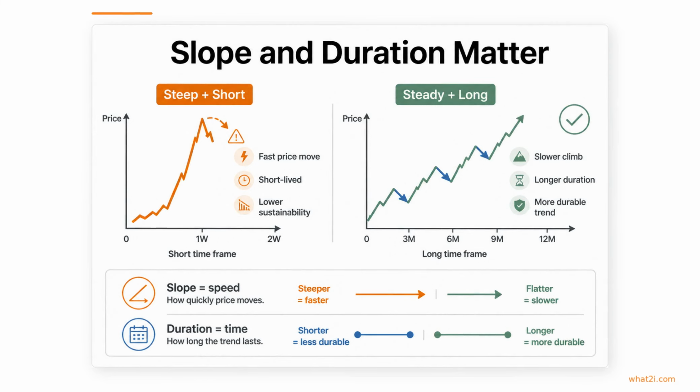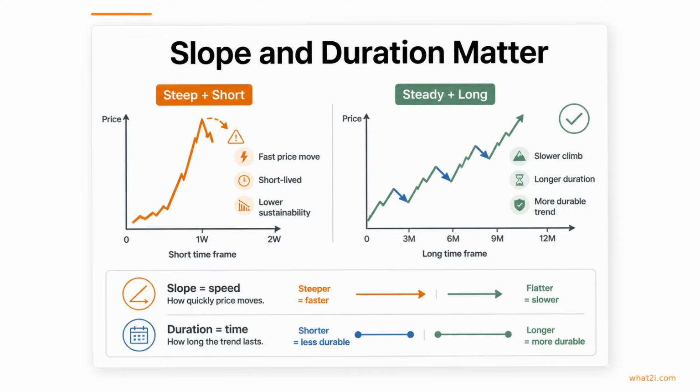Not all trends are equal, and two important qualities are slope and duration. Slope tells you how fast price is moving, while duration tells you how long the move has been sustained. A very steep trend can look exciting, but it is often less durable because price has advanced or declined too quickly. A steadier trend with a moderate slope may be more sustainable because it shows orderly progress rather than a sudden burst.